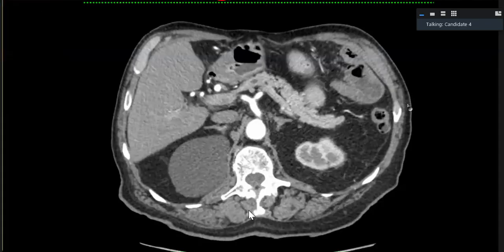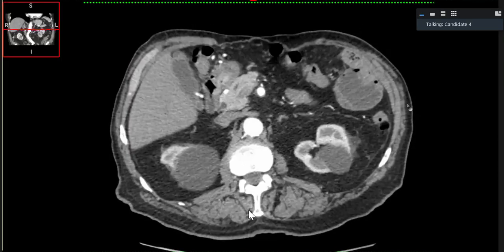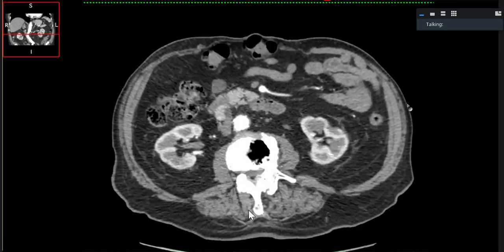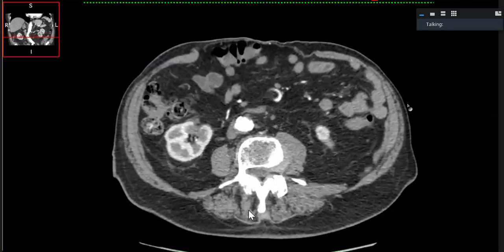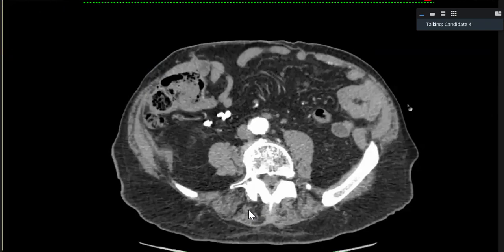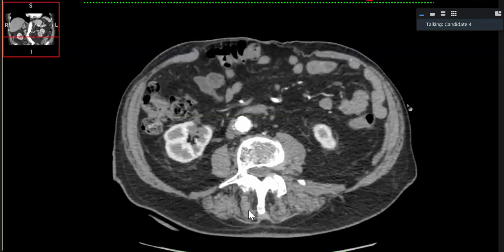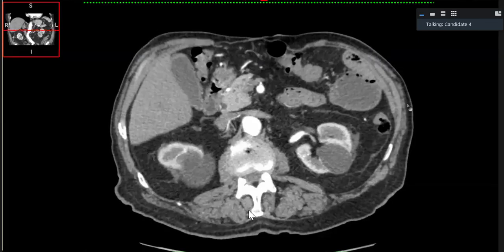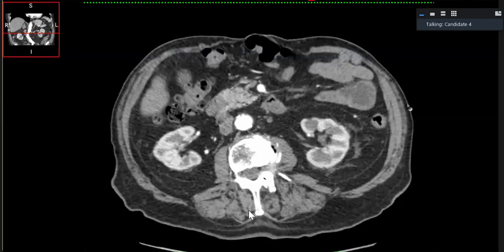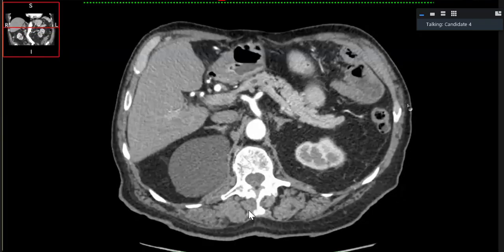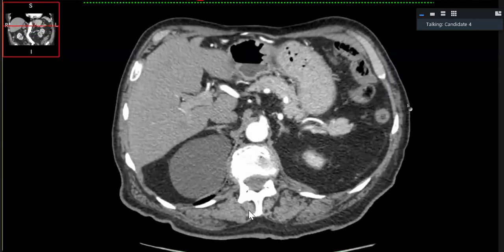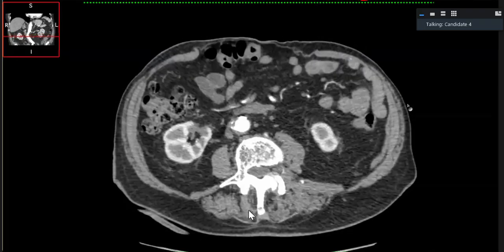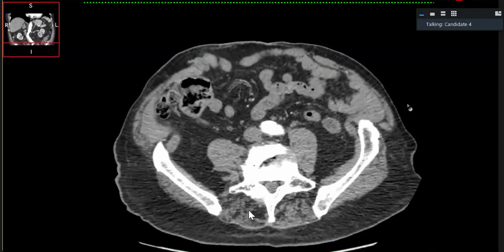Now I'm looking at the inferior mesenteric artery. I couldn't appreciate any definite thrombosis in these three vessels. Renal arteries are also normally originating and opacified with contrast. Some atherosclerotic changes are seen in the aorta, however, no evidence of aortic dissection or abdominal aortic aneurysm.